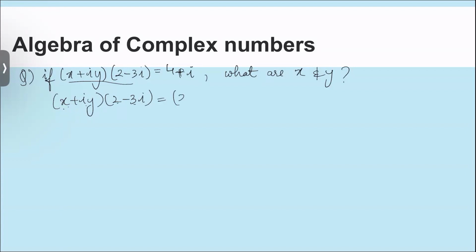So we write it in terms of that. AC is 2x, and you have BD, so that is minus 3, minus 3y. And then you have plus i.